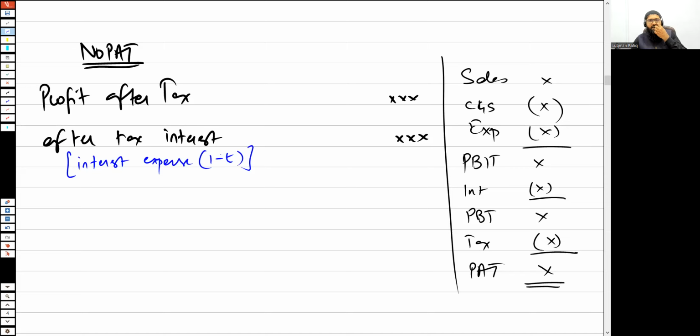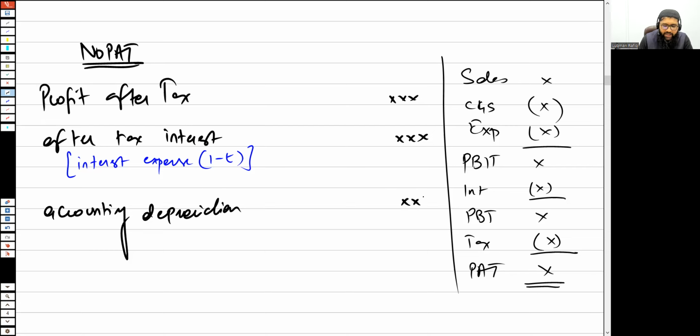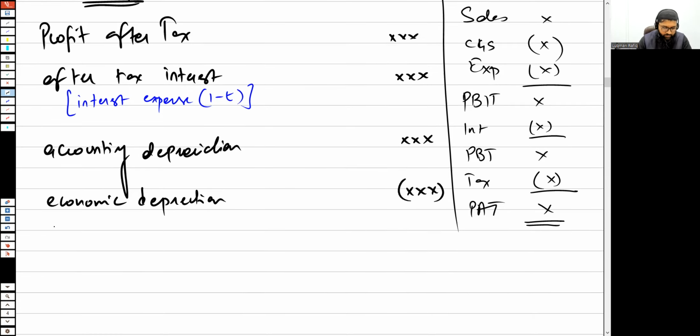After tax interest is interest expense multiplied by (1 minus t). Then accounting depreciation is added up. Economic depreciation is deducted. Non-cash expenses added up.